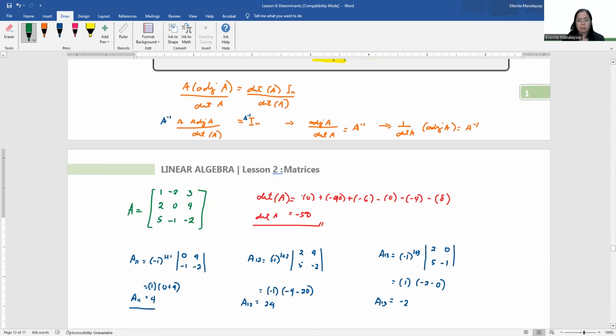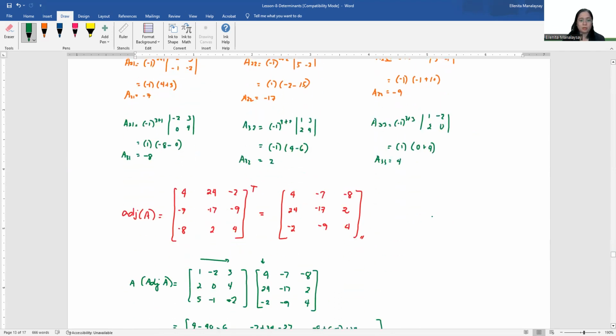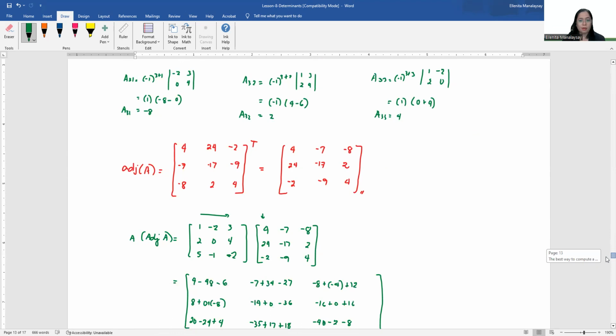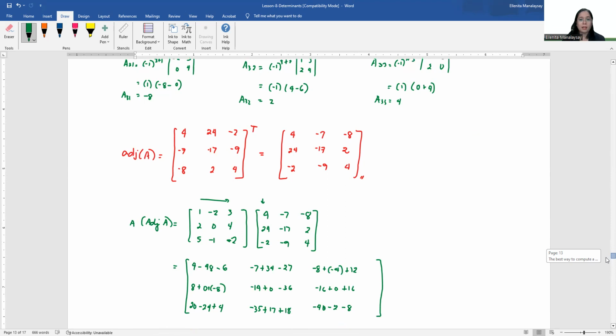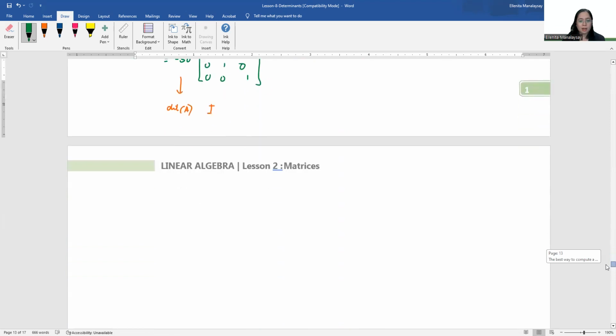Meron na tayong determinant, negative 50. Meron na tayong adjoint of A. This is adjoint of A, which is negative 4, 7, negative 4, 24, negative 4, negative 7, negative 8. So, let's see. Nako, ang layo na nito, no?